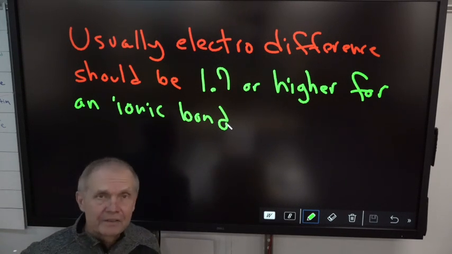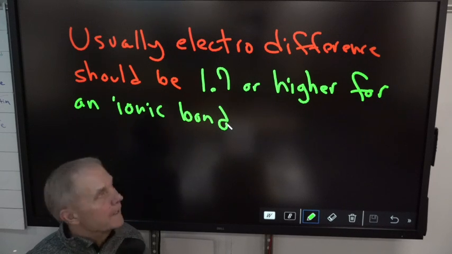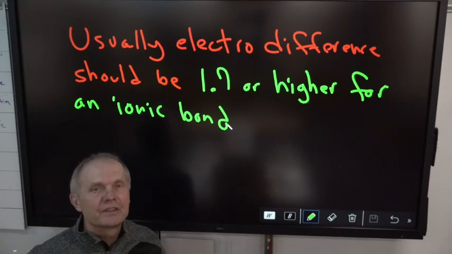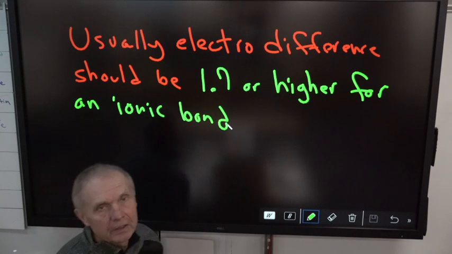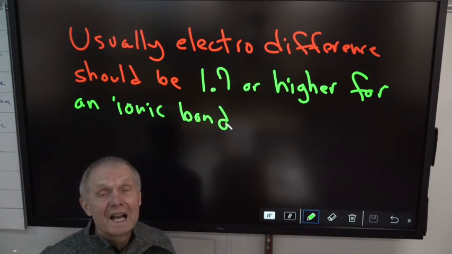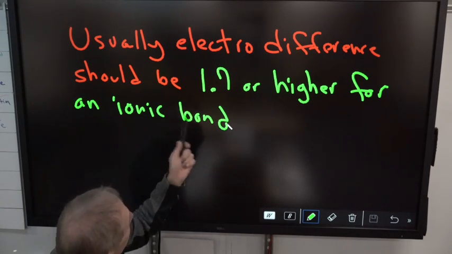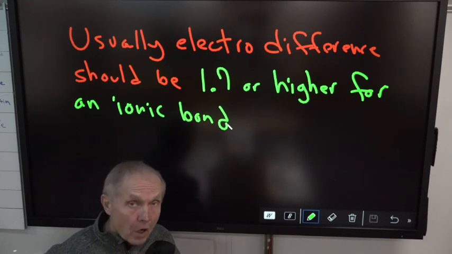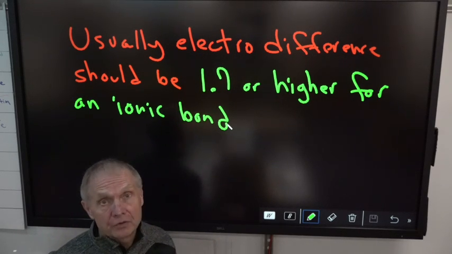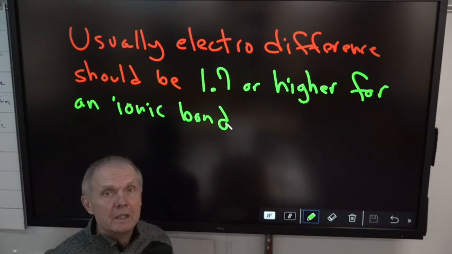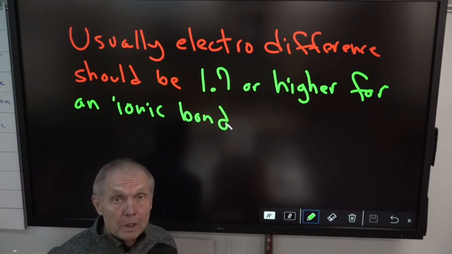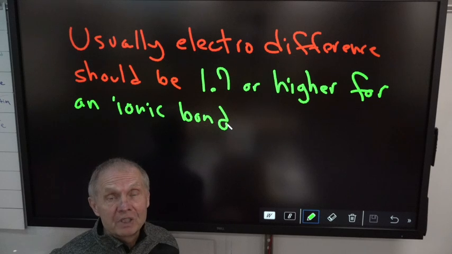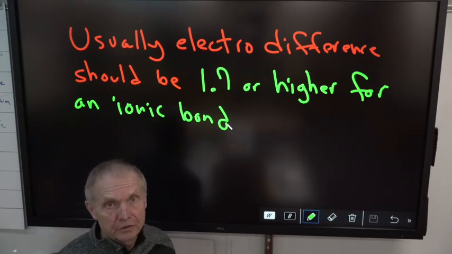When you subtract the electronegativity differences, usually it should be 1.7 or higher. That's an ionic compound. There are some that are lower. That means that they're weak ionic compounds. But that's it. So that's all about ionic compounds. These two videos, that's it. The next video we're going to do is going to be bonds between two nonmetals. Okay?